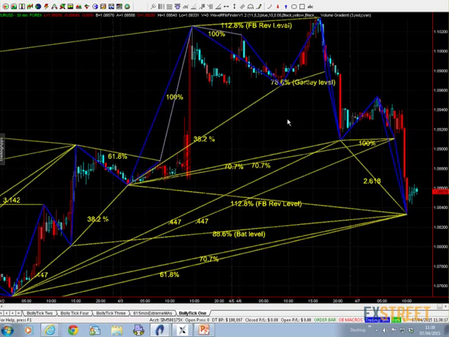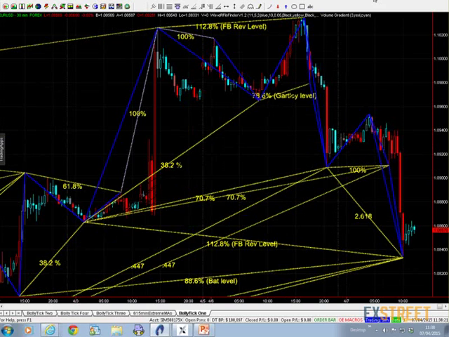Now, you can argue that this is a bit of a mess of a chart because we've got far too many things on here at the moment. But what I want you to do is just focus on what have been some of the major turning points. And these major turning points are largely, nearly all of them, being picked up by these key Fibonacci levels.